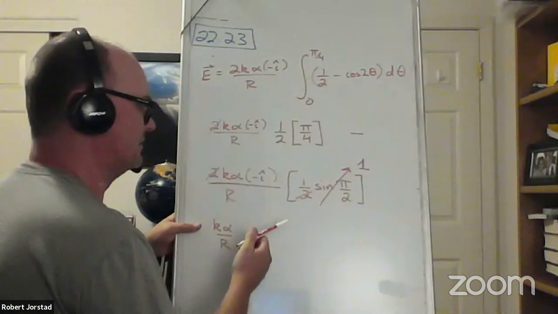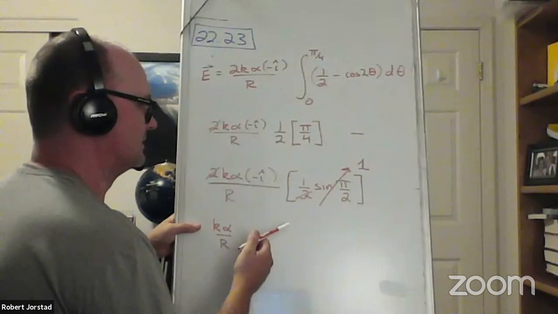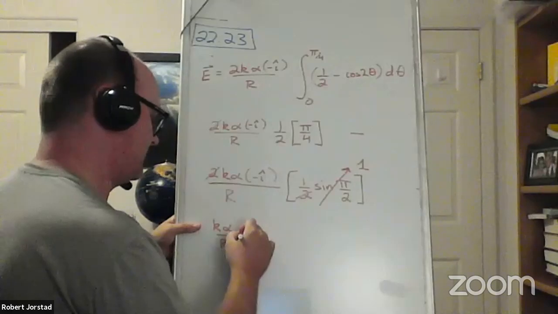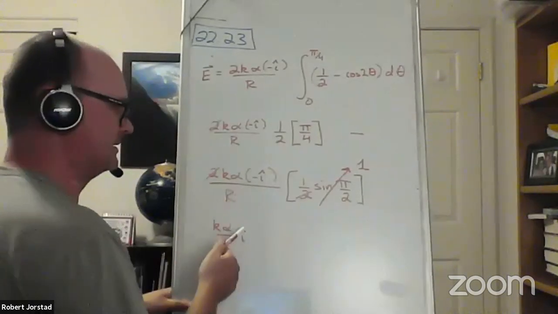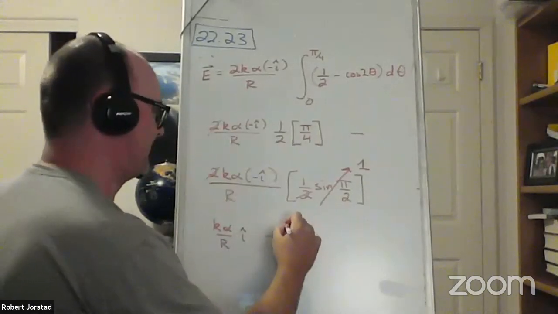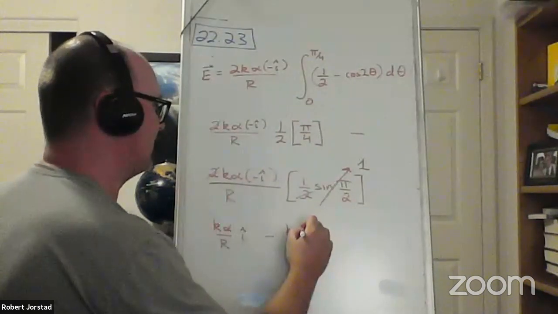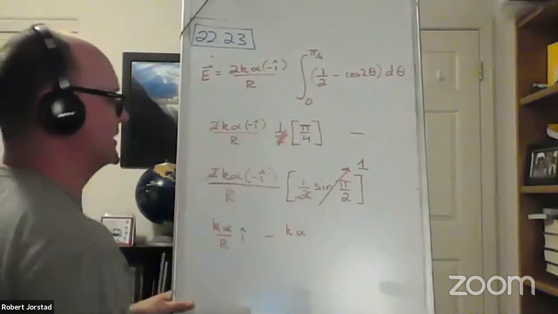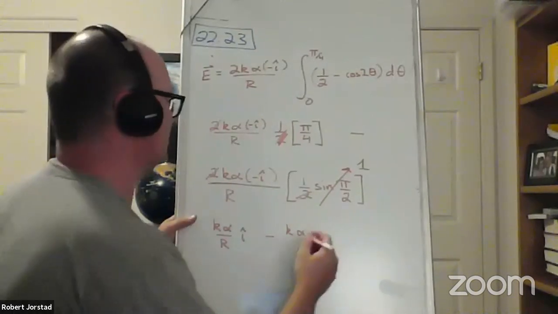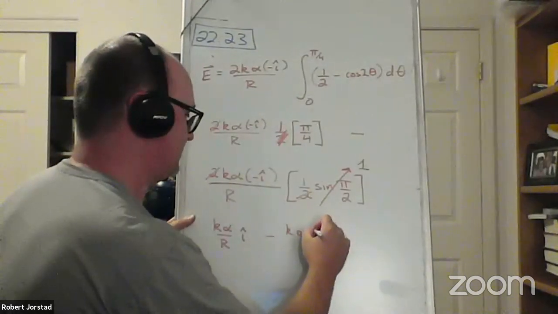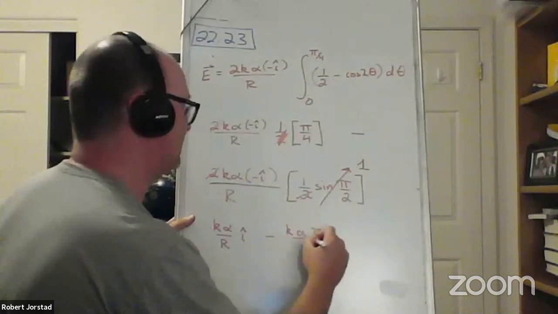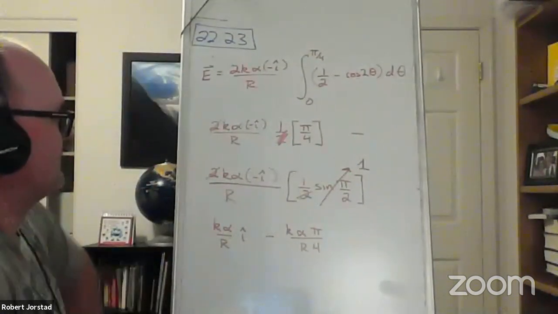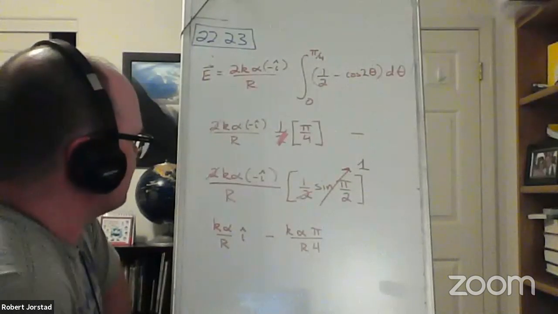So that's 2K alpha R in the I hat minus K alpha. Oh, I think this 2 canceled that 2, didn't it? Now I'm getting lost here. Pi over 4. I feel like I missed a 1/2 somewhere.